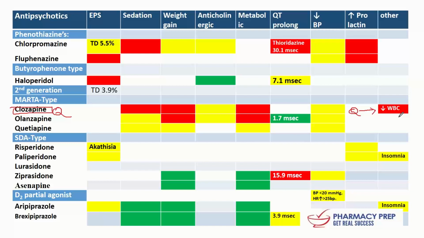Whenever there is neutropenia, a person becomes more prone to infection. So there are other ways the question can be presented in the exams, and for that reason you have to really look into the details. Always remember, whenever you see clozapine, think about agranulocytosis, which is mainly a neutropenia side effect.